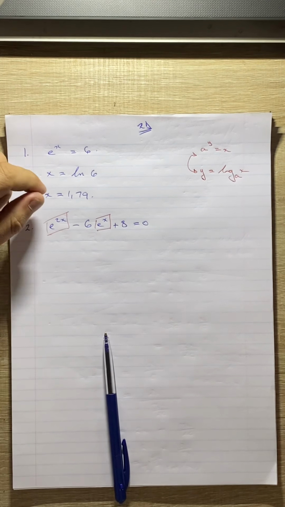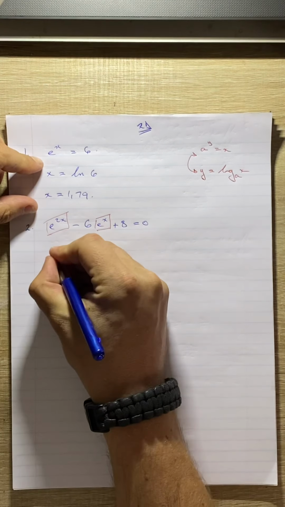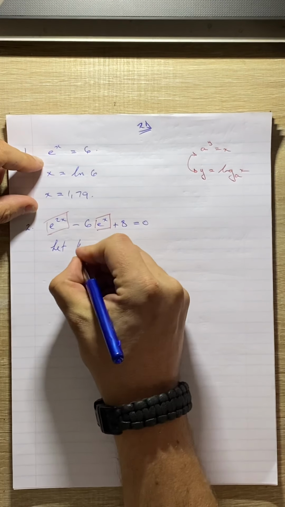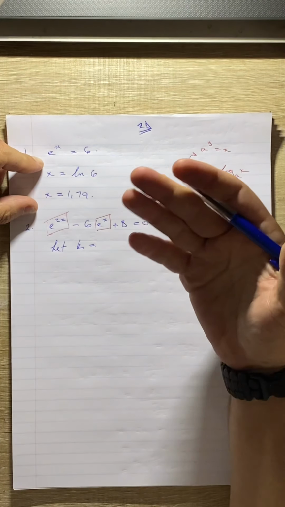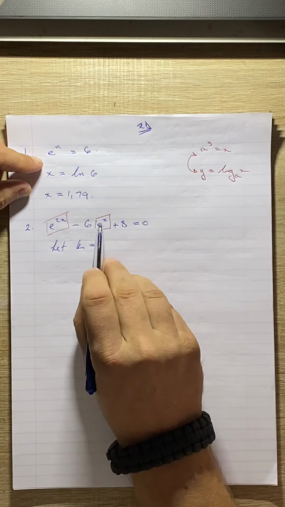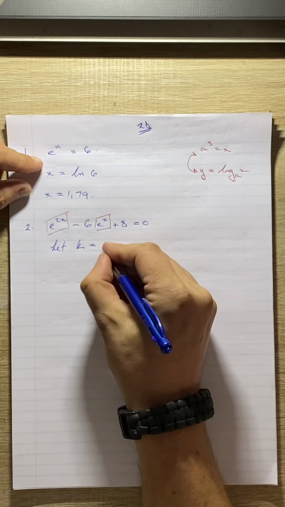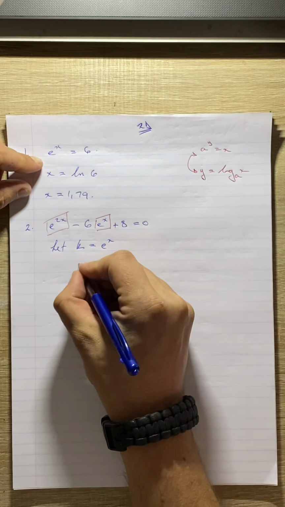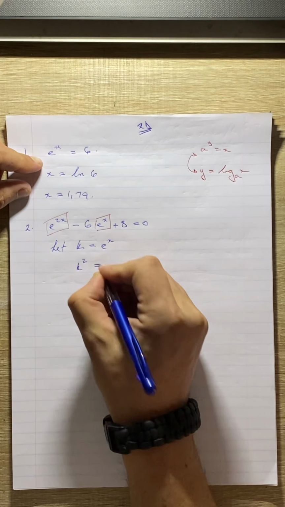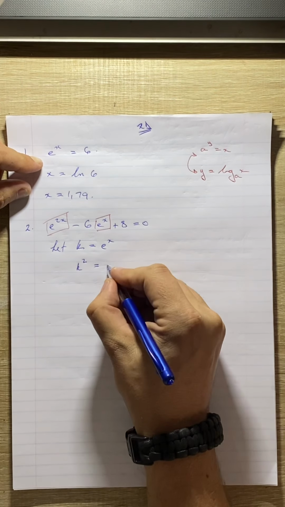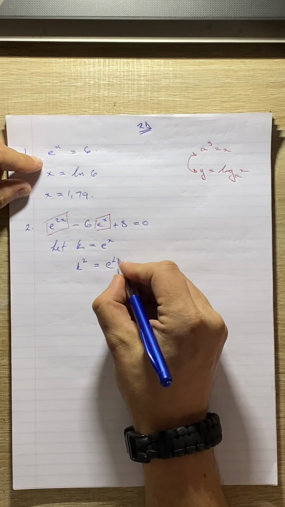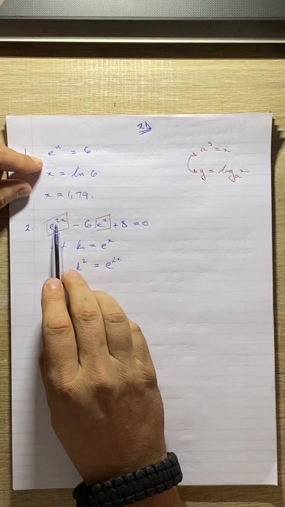So if I show you with the k method, we let k be equal to the smaller of the 2. The smaller one out of these 2 would be e to the x. That means that k squared would be equal to, now all I have to do is square this, and we get e to the 2x, which so happens to be this one.